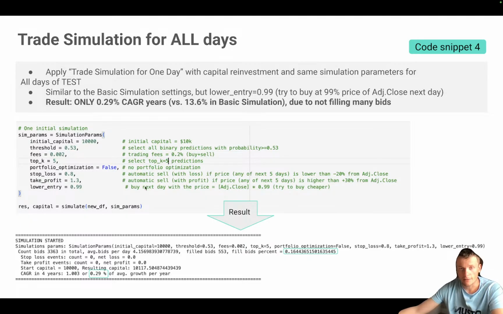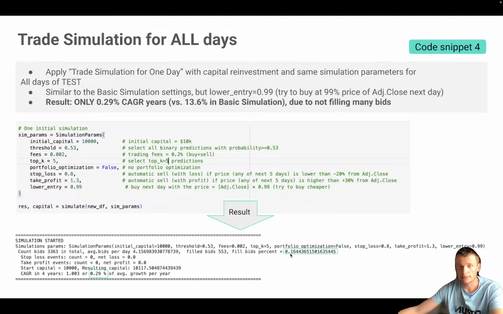If you run those simulations, you can see that your bid number in 4 years of trading, or approximately 1,000 days of trading, was slightly higher than 3,000, which is an average of 4 bids per day, but filled bids were only 553, and it was 16% of filled bids.